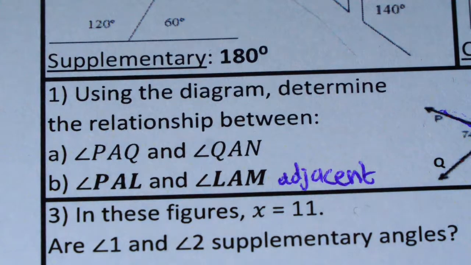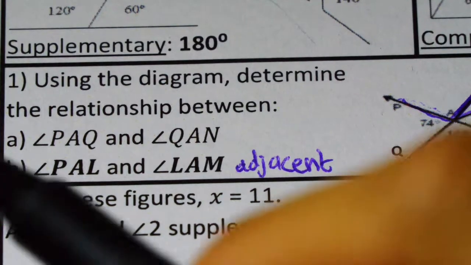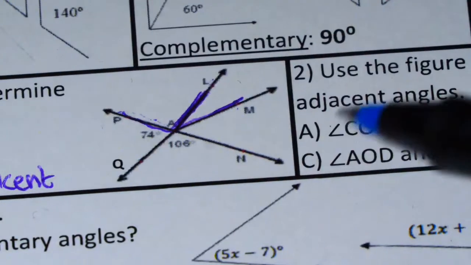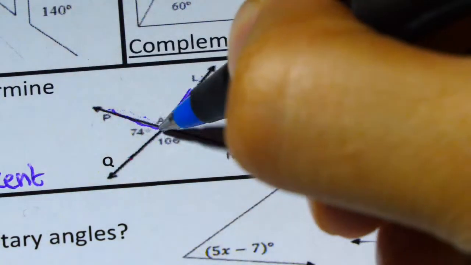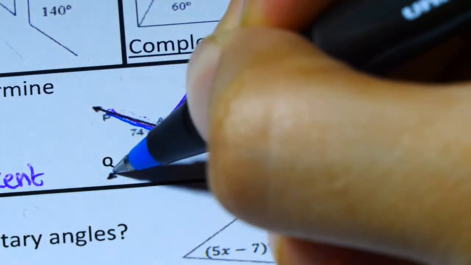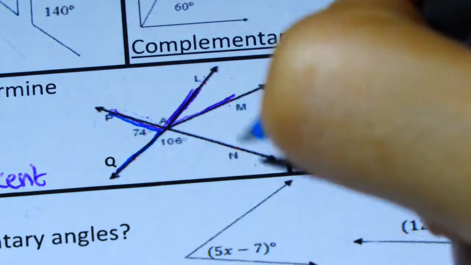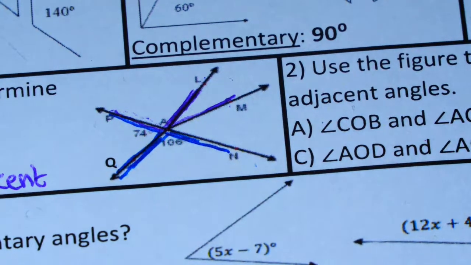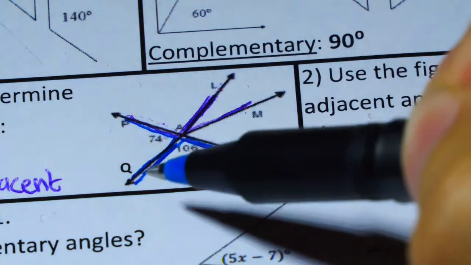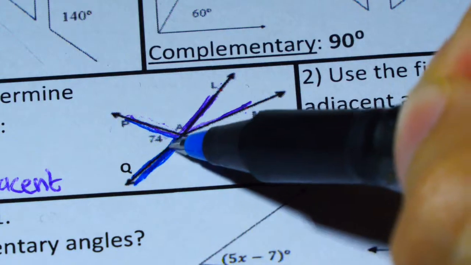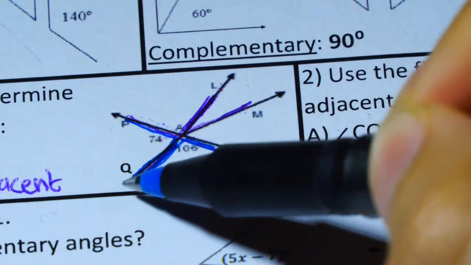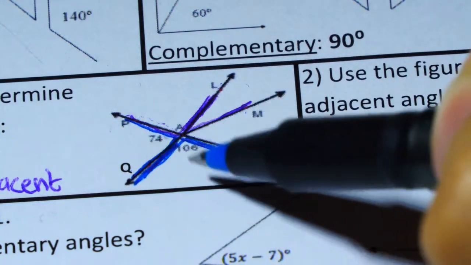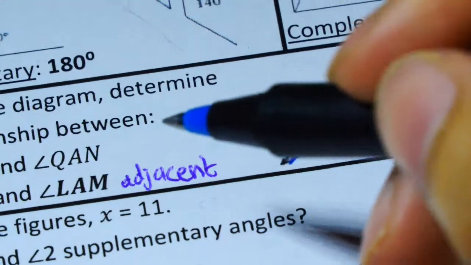Okay, so B, they are adjacent. Now if you look at this question here, PAQ and QAN. They are also adjacent. They are sharing the same line here. So these two angles are next to each other. They are adjacent.